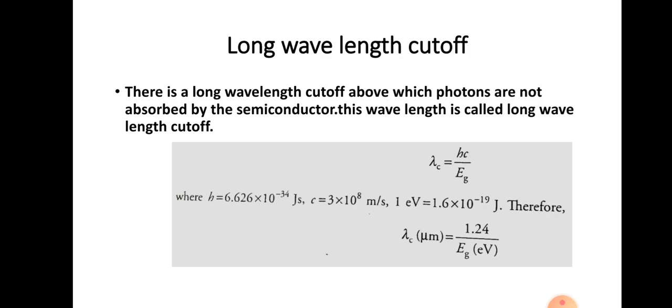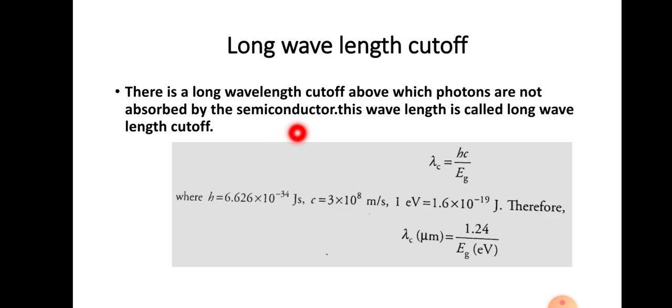Next is the long wavelength cutoff. There is a long wavelength cutoff, that is a wavelength above which the photons are not absorbed by the semiconductor. We know that for the transition of an electron from the valence band to the conduction band, the incident photon energy should be at least equal to the energy gap.